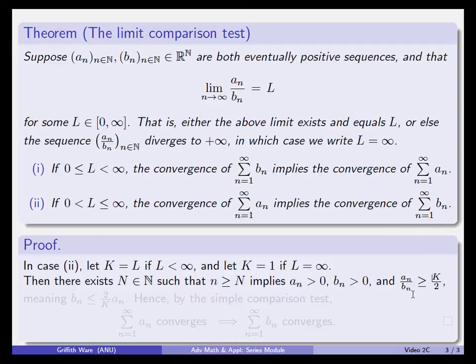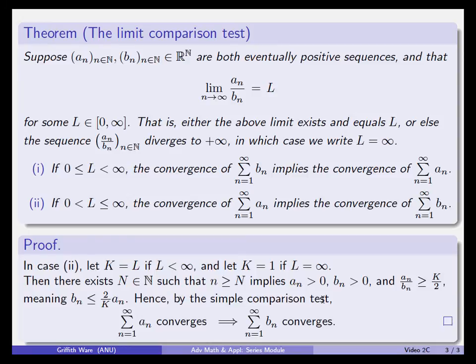Now, from that knowledge, we can rearrange that fraction and conclude that the terms bn must be less than or equal to 2 divided by k multiplied by an, for all n greater than or equal to capital N. And so we're in exactly the same situation as we were in before.